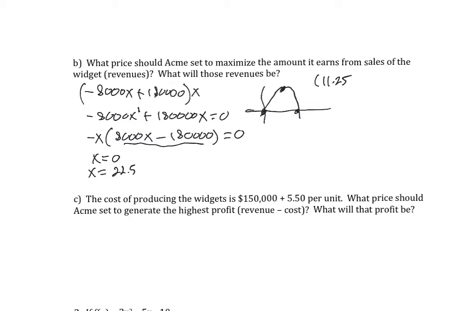Well, we need to figure out what would be the y value at that same point. If we do the calculations, we're going to get a y value of 1,012,500. And that's just by plugging 11.25 into our revenue expression here. Okay.